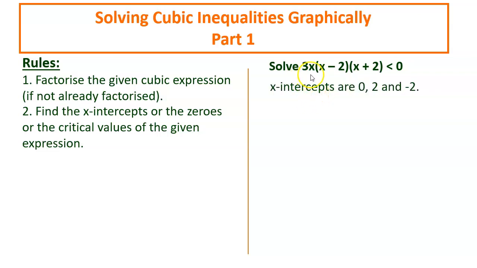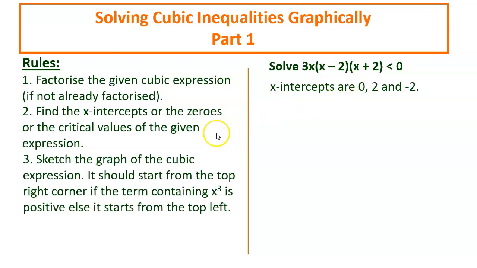So the first x-intercept is 0. From the x minus 2 factor, x minus 2 equal to 0 gives us the x value as positive 2. And x plus 2 equal to 0 gives us the x value as negative 2. So these three, 0, 2 and negative 2, are the three x-intercepts of this cubic polynomial. Rule number 3.